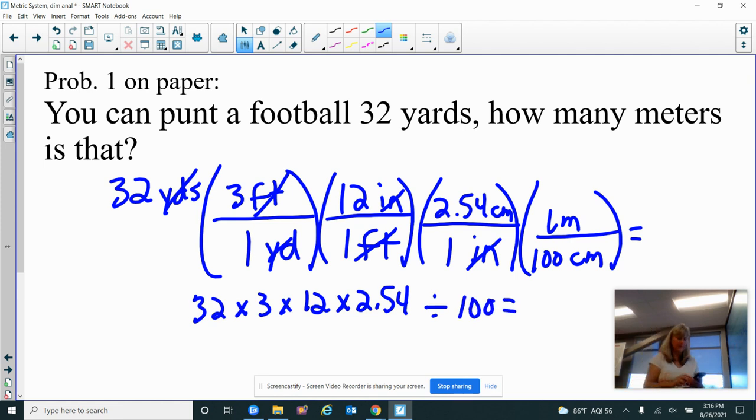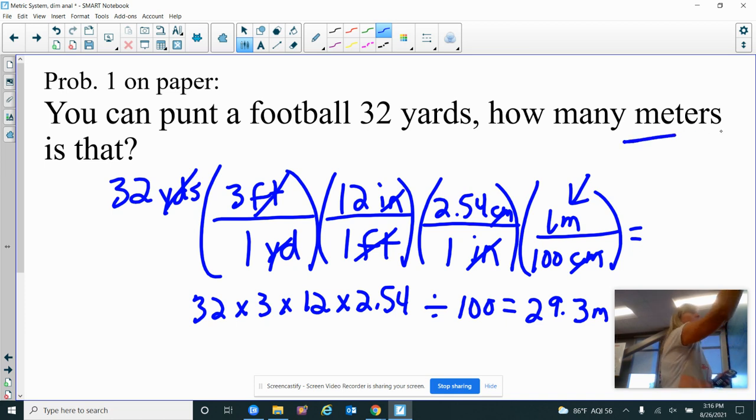Okay, so that one comes out to be 29.26. I'm going to round that to 29.3. And my units are meters. Whatever you end up with on top, once those canceled, is your overall answer when that's what it asks for. It asks you for meters, and we ended in meters.